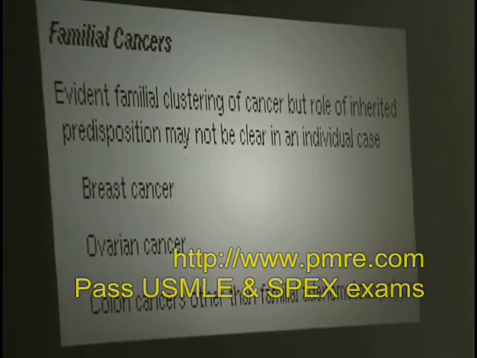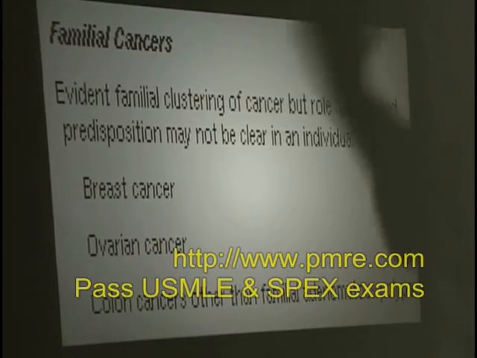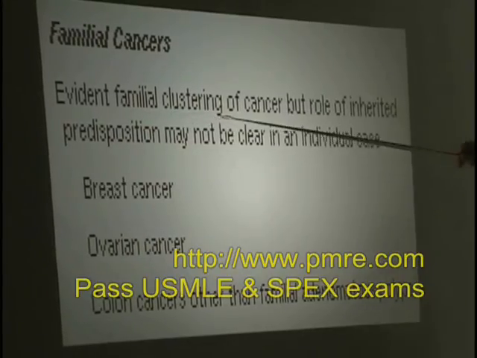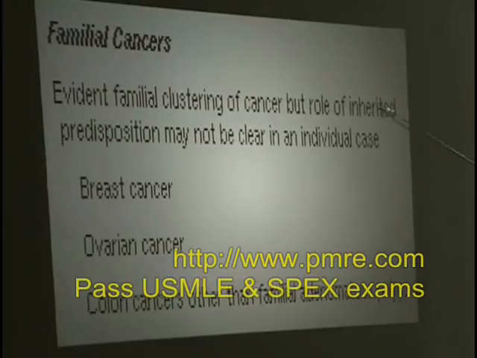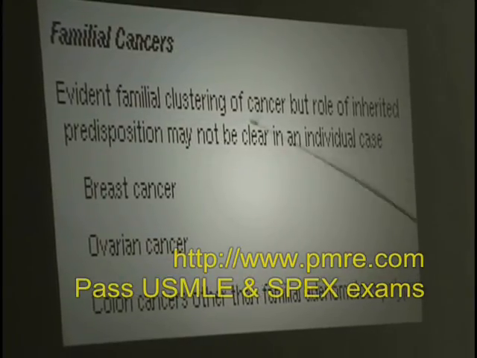Okay? In addition to those tumors in which we know that there's an inherited gene, there are also familial cancers where there's a clustering of cancer where the role of the inherited predisposition may not be clear in that individual.